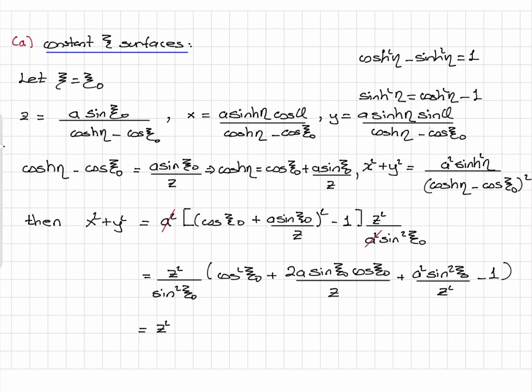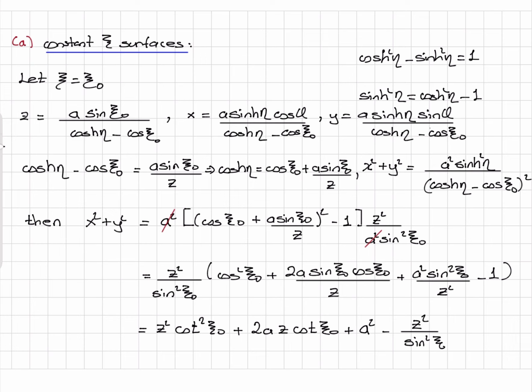That is cotangent squared psi 0. Plus the second term I obtain here is 2a. Now one of the sin psi 0 will disappear. I will be left with cosine over sine, which means this will be 2a multiplying z squared with 1 over z. I obtain 2az cotangent psi 0, plus this term a squared sin squared will cancel, z squared will cancel, so only a squared will be left. A squared minus the last term, minus 1 multiplied with z squared over sin squared psi 0.